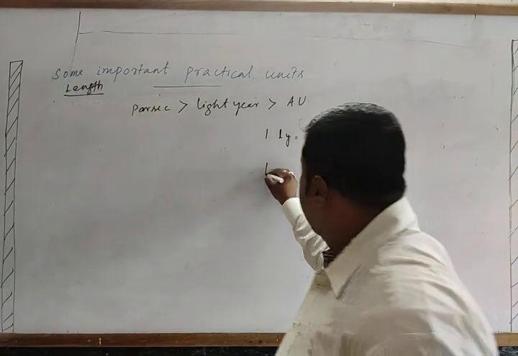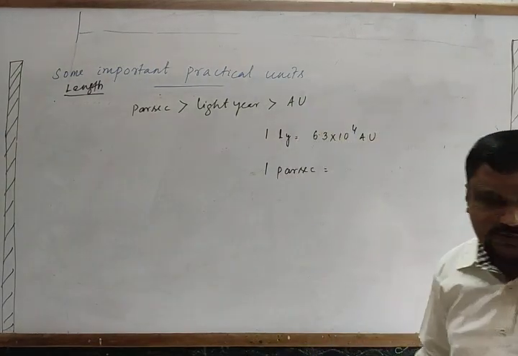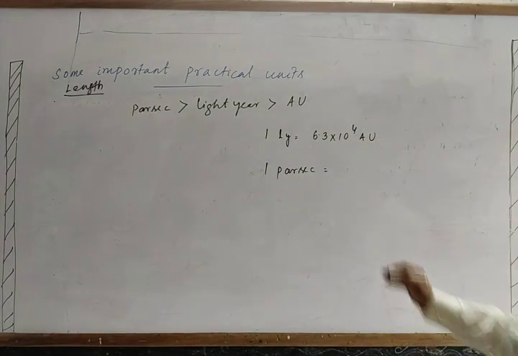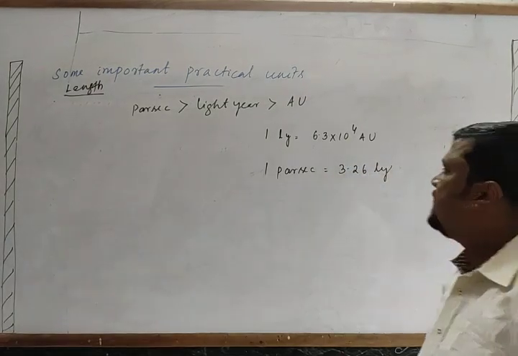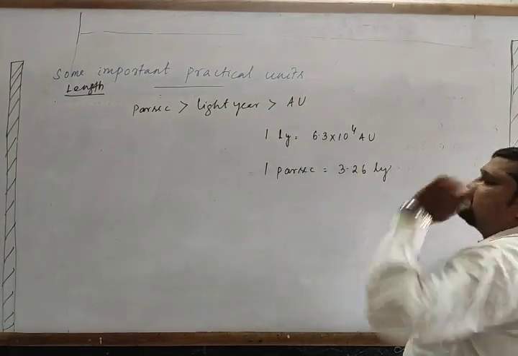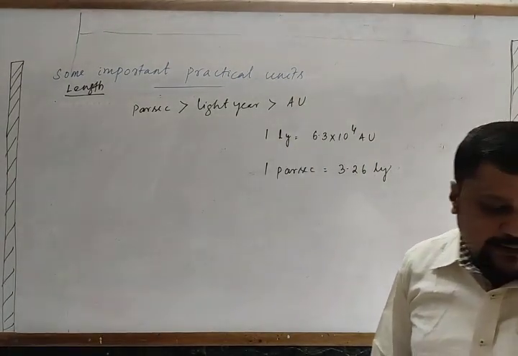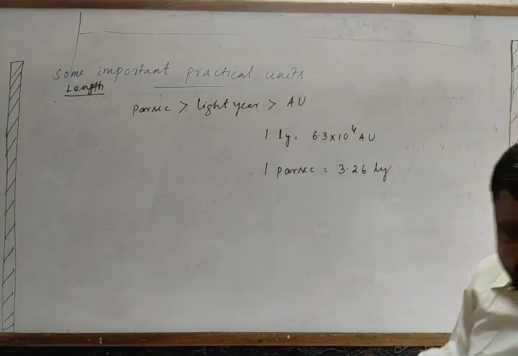And 1 parsec is equal to, you know the value, so divide that, you can get 3.26 light year. So parsec equal to 3.26 light year, and 1 light year equal to this much astronomical unit. These are the different units used for length.